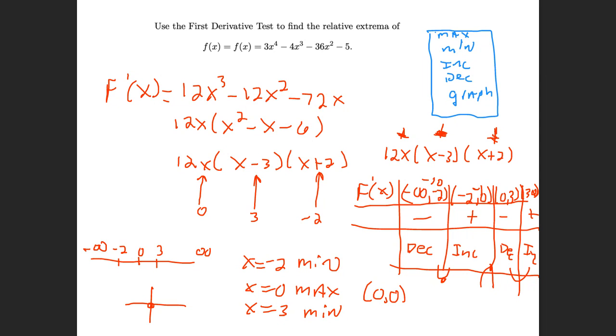So I know that these are going to be below there, and they're probably both the same. So my graph is probably going to look something like this, because 0, 0 is the maximum in that interval. I would assume that the graph looks something like that.